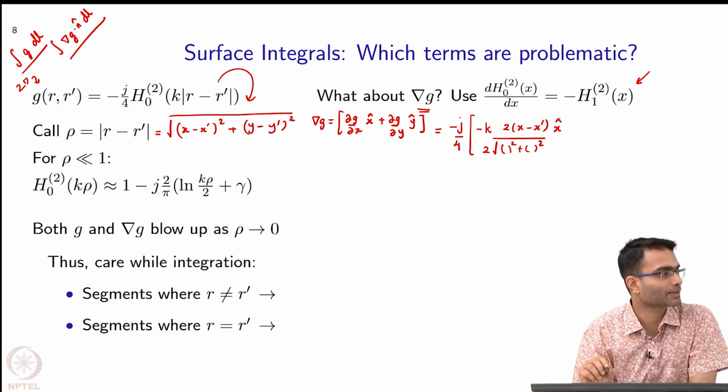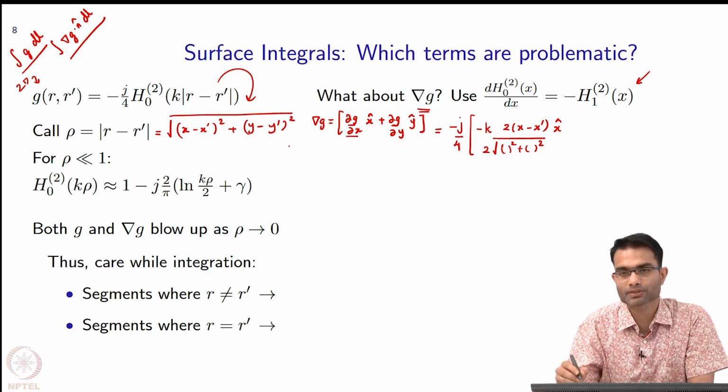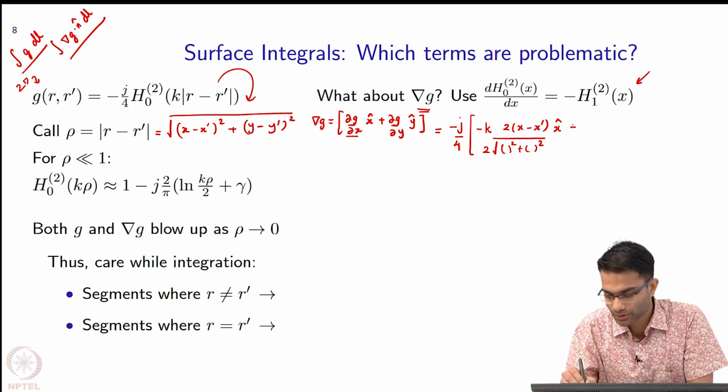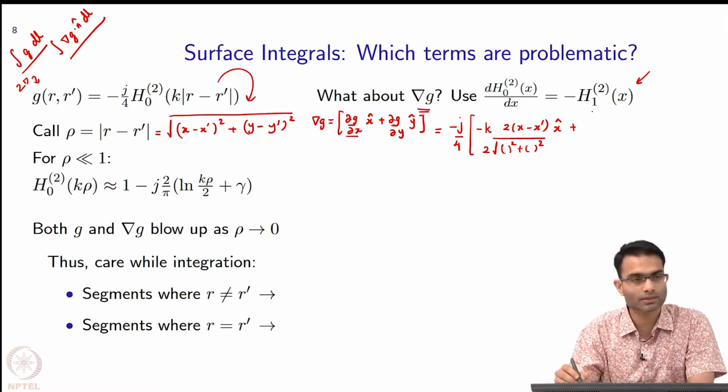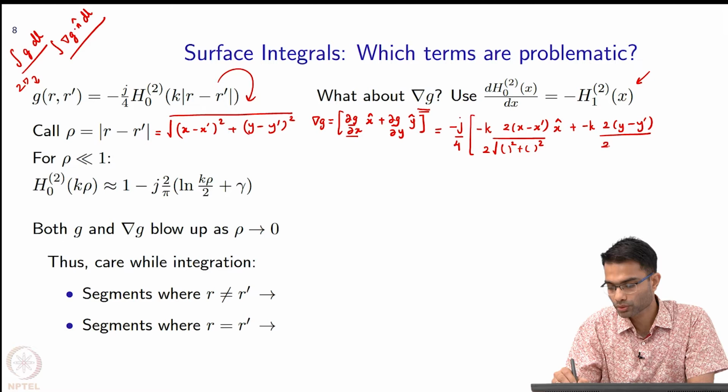This is dg by dx, which is just taking the derivative of this term with respect to x. The second term is going to give me, again, a minus k times 2(y minus y prime) divided by 2 rho, along y hat.